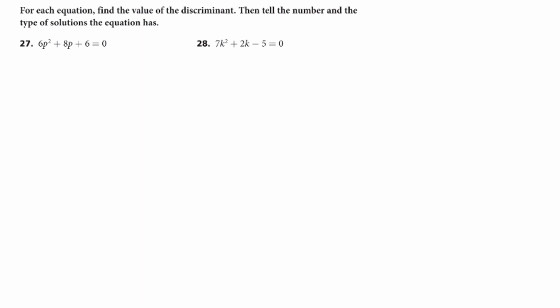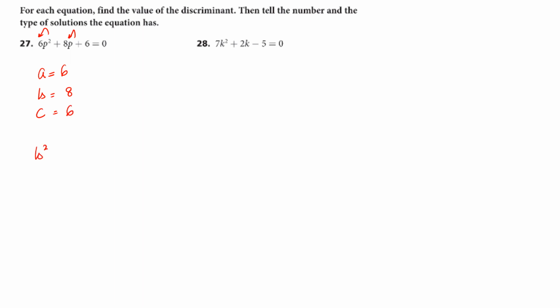Let's try. Find the value of the discriminant, then tell the number or the type of solution the equation has. Okay, so write down what is A, what is B, what is C. A is the coefficient of the power 2, that is 6. Power 1, it is 8, and the constant number is 6.